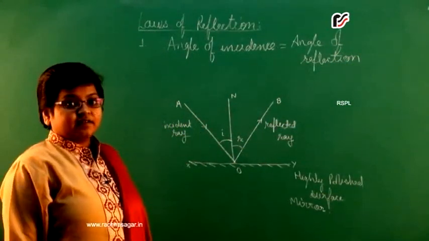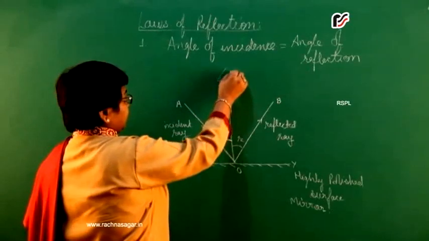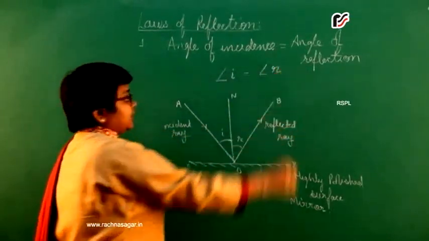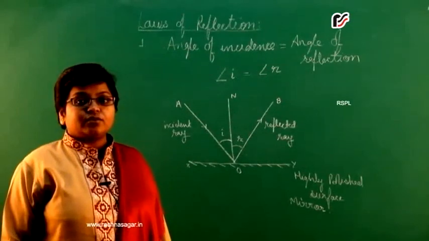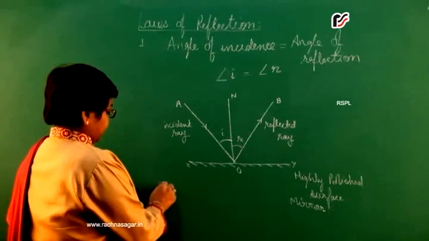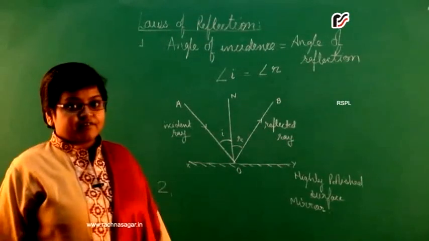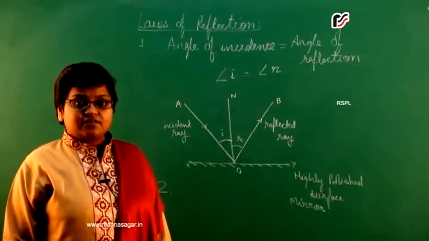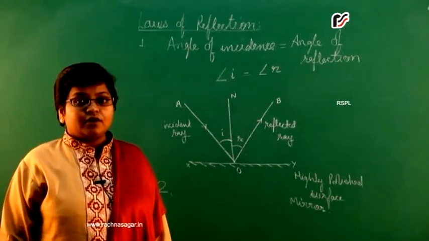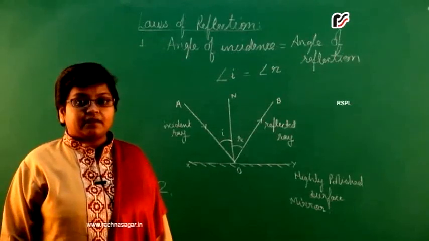That is, we say that angle I equals angle R. The second law of reflection is that the incident ray, reflected ray and normal all lie in the same plane.